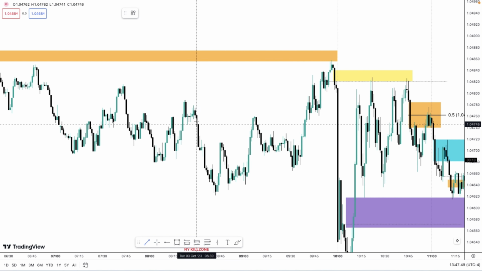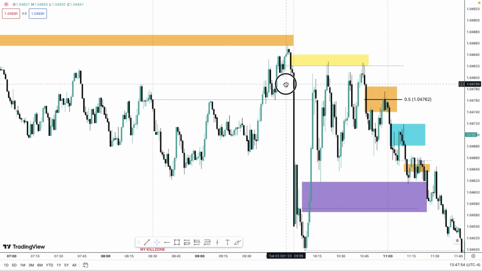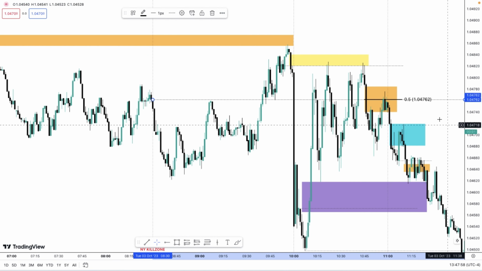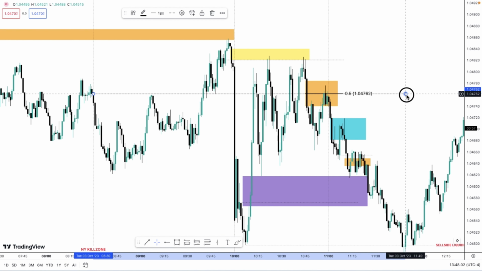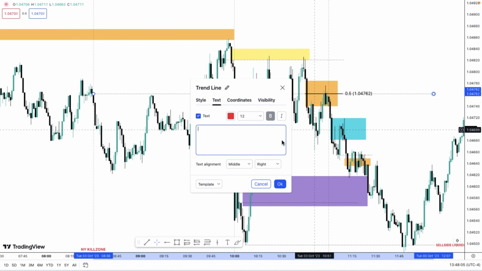Let me mark the opening price there. So this is the opening price at 8:30. So I'm just gonna extend that throughout. I'm gonna call this 8:30 opening price.